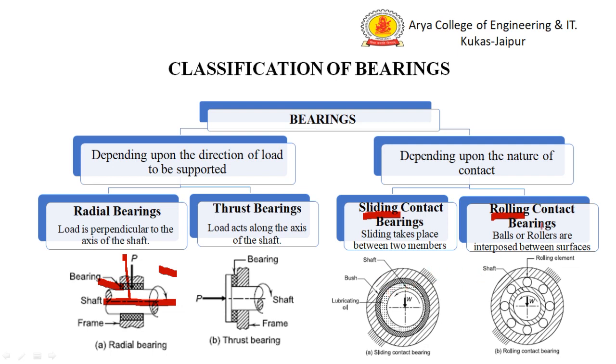In rolling contact bearing, basically steel balls or rollers are introduced between the surfaces that are in relative motion. In this lecture, we will cover sliding contact bearing in detail.